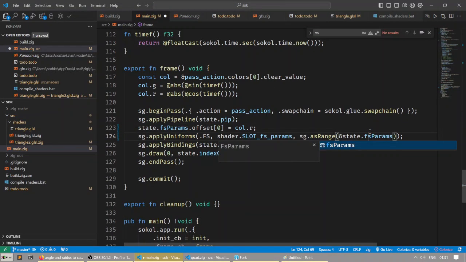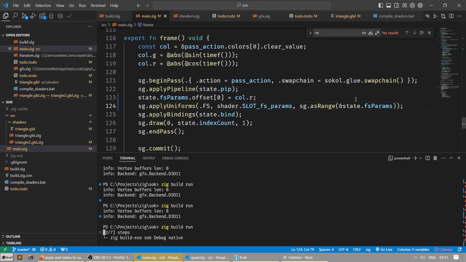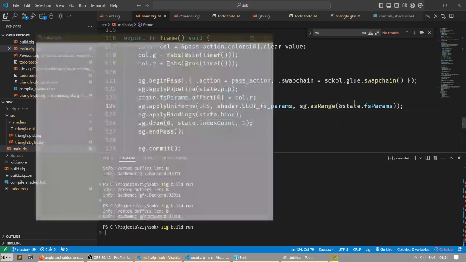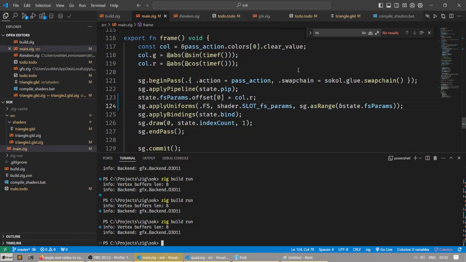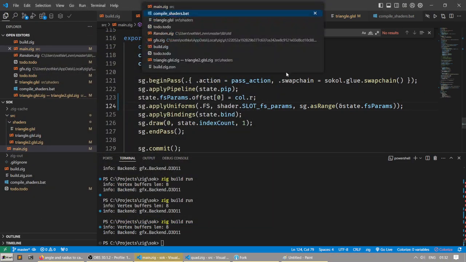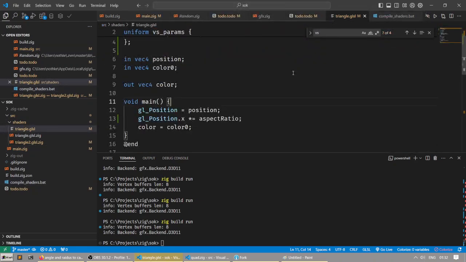And this is fs params. Let's try to build it again, and let's see where I fail. Yes, I failed somewhere, because what I'm doing here is I'm multiplying with 0.